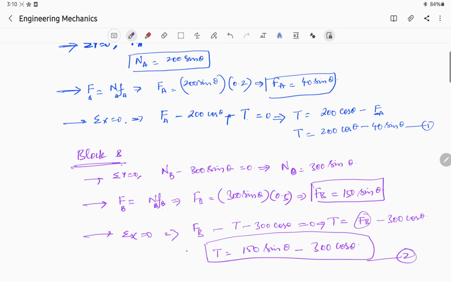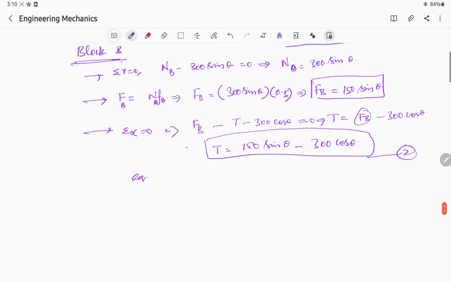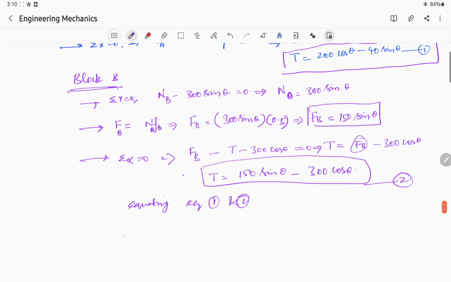So we have one equation here and another equation here, T and T. Can we equate these two equations? Yes. So equating equation number 1 and 2: 200 cos theta minus 40 sin theta is equal to 150 sin theta minus 300 cos theta. Alright, so this is the general solution.